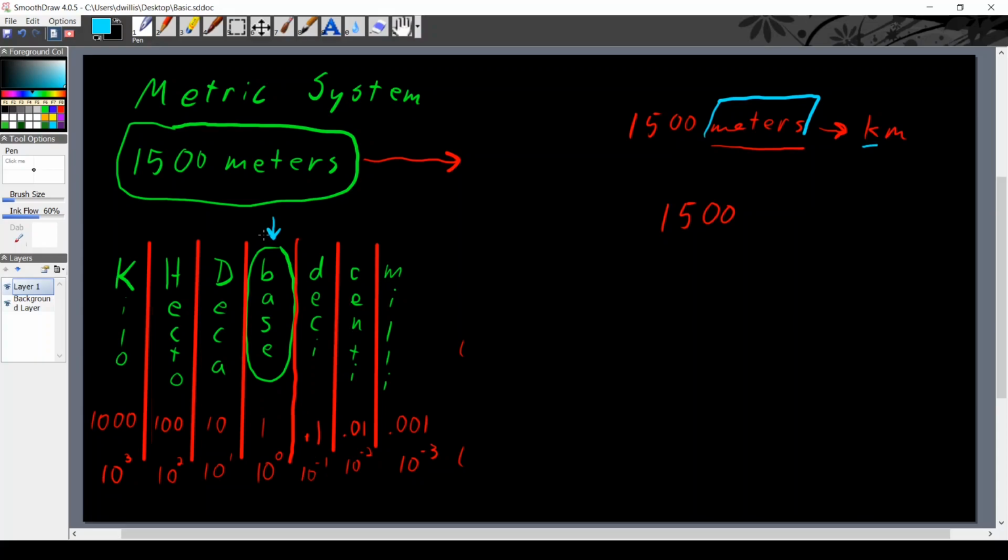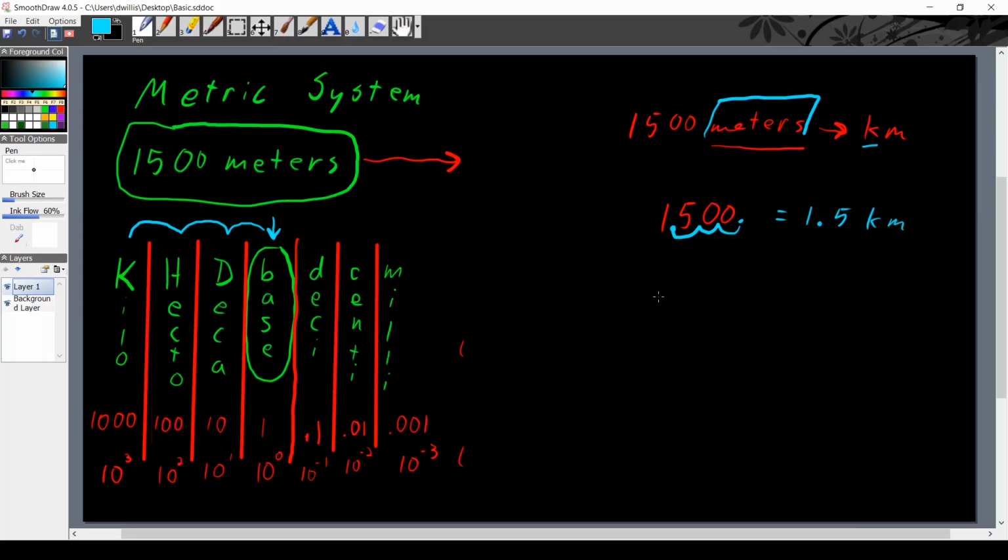This is one way to do that. I say, okay, it's 1, 2, 3 little hops. 3 little hops to the left. So I'm going to take my decimal that I know exists there, and hop it 1, 2, 3 spots, and so then I'm left with 1.5 kilometers.